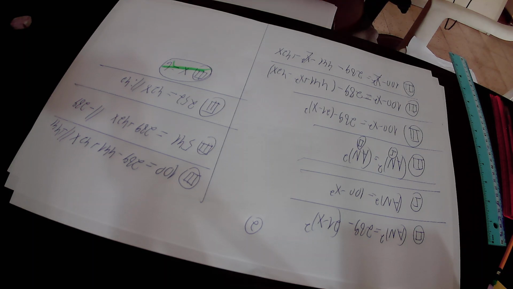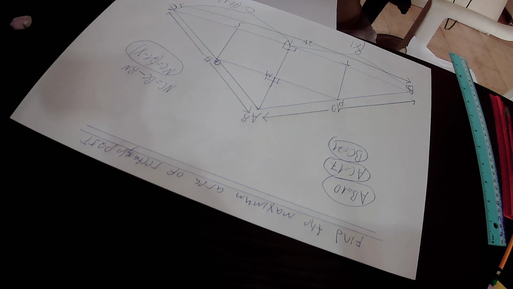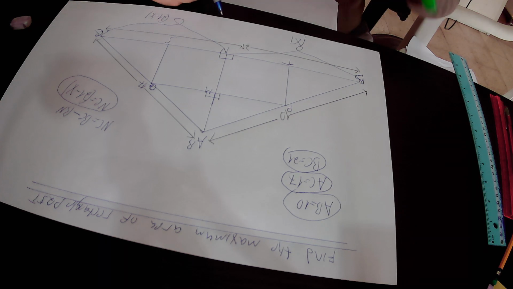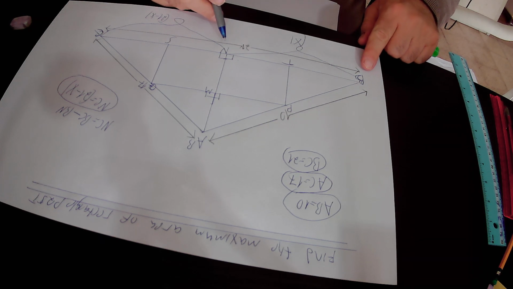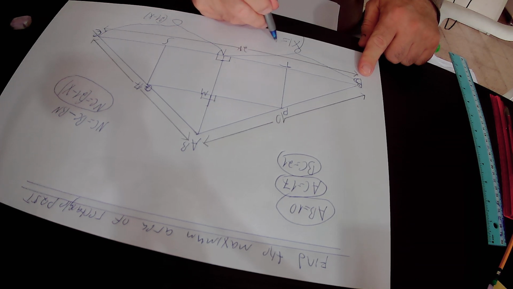That is to say, here in the original drawing we have side line segment BN equals x, so x equals 6.